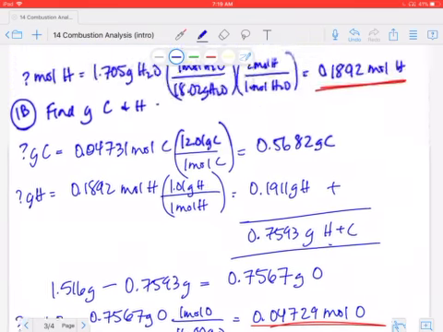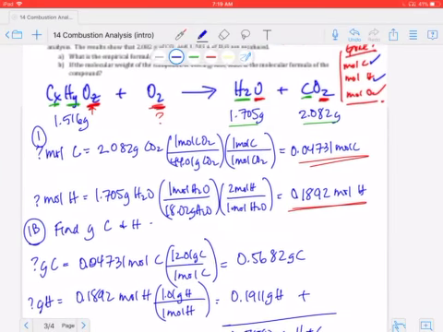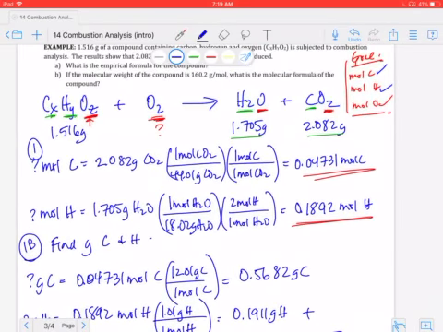So again, if we just look back at what we did here real quickly, it's still a combustion analysis problem. So we start by thinking about that combustion reaction. I need to find the moles of each of these elements in that original compound, the hydrocarbon compound we're interested in. So we use the water and CO2, the mass of each of those, to find the hydrogen and the carbon.